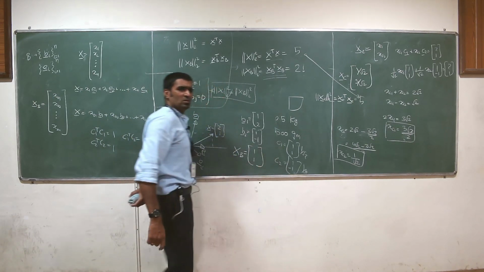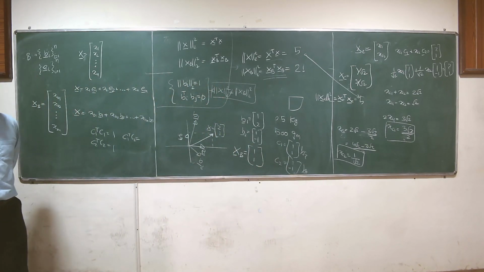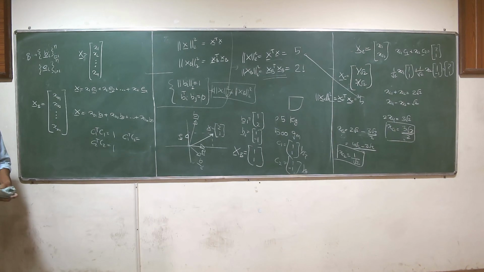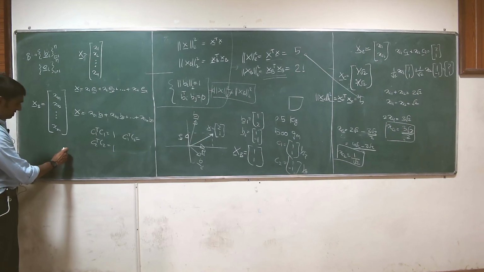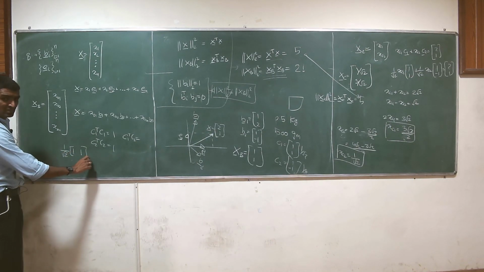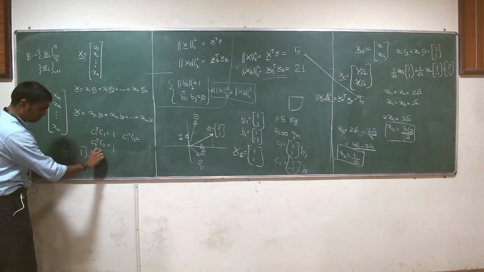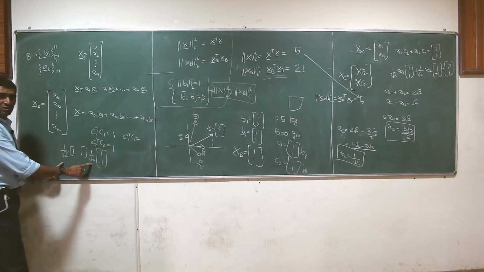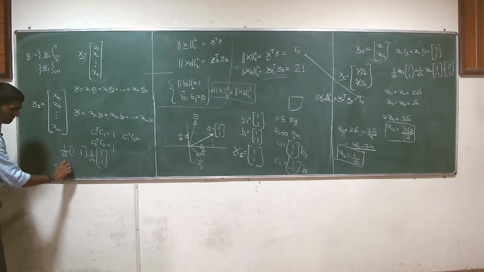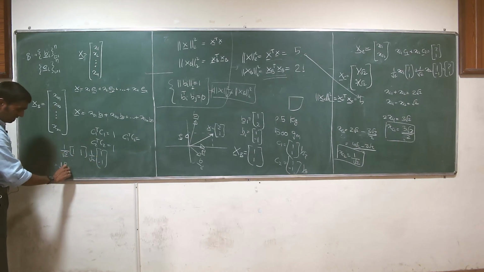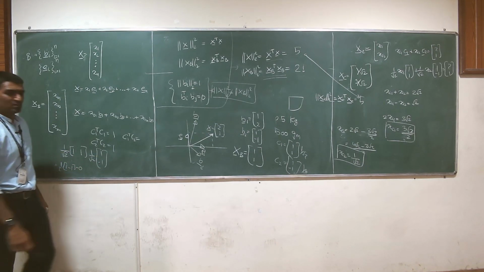C1 transpose C2. C1 transpose is 1 by root 2 times 1, 1. C2 transpose is 1 by root 2 times 1, minus 1. You multiply these two out, 1 by 2 times 1 minus 1, which is 0.